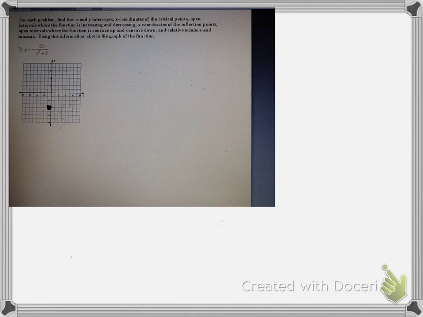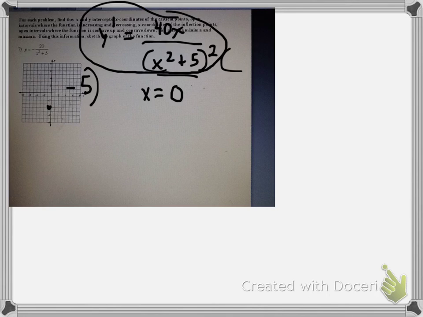Need to find a faster eraser. Okay, so I have my first derivative. I need to take the second derivative.